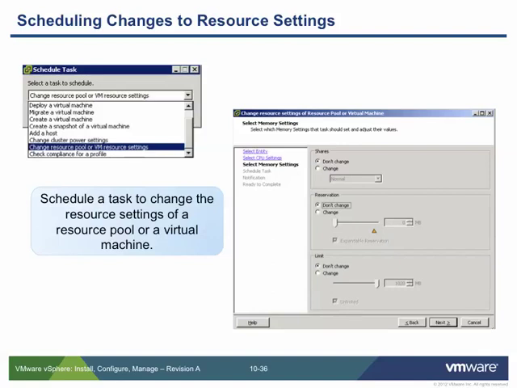Or maybe at end of quarter or end of year you're running financial applications, or seasonally, in November and December when Christmas time is ramping up, you want to give your e-commerce servers more horsepower. That's all done through scheduling tasks, so you can schedule the changes to the resource settings themselves.